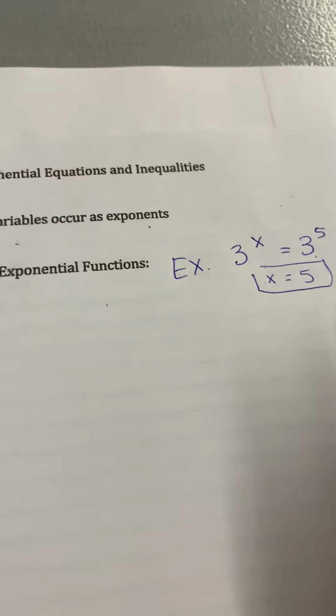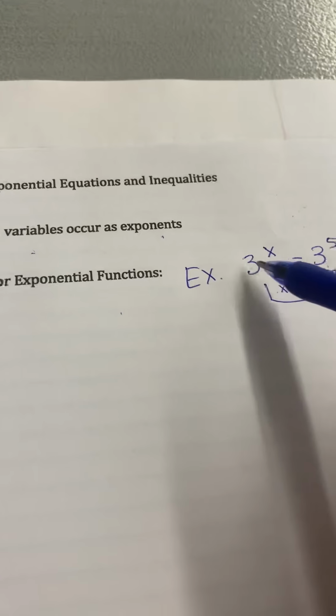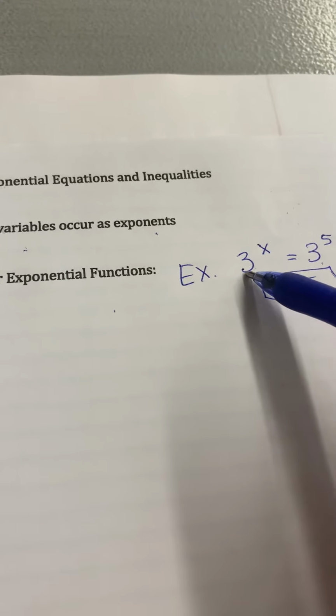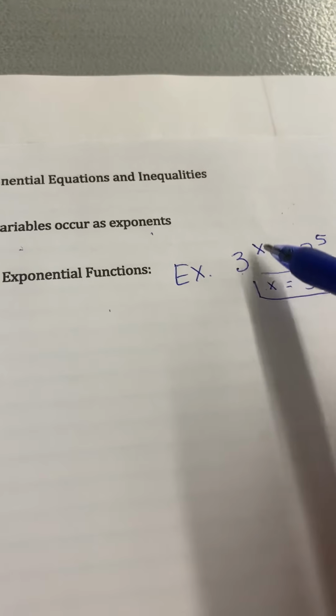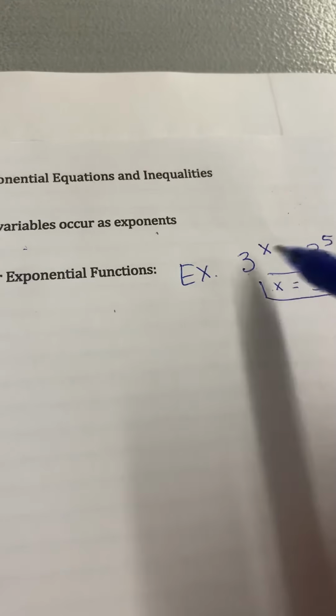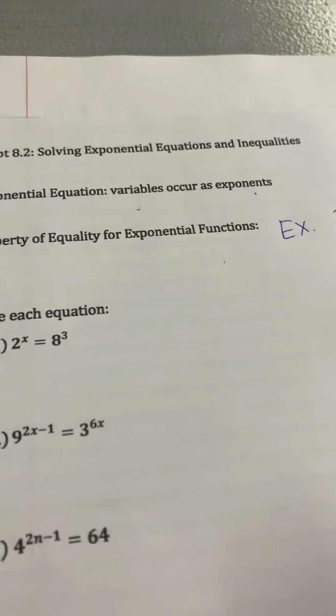Our property of equality says that if b, which is our base, is greater than 0 and b does not equal 1, then x equals 5 if both my bases are the same.